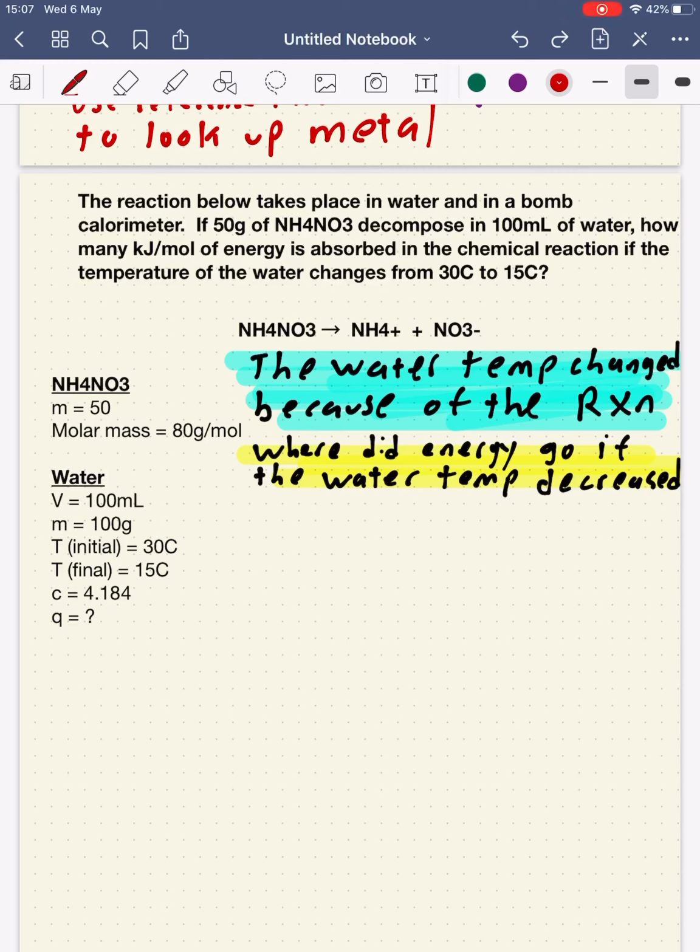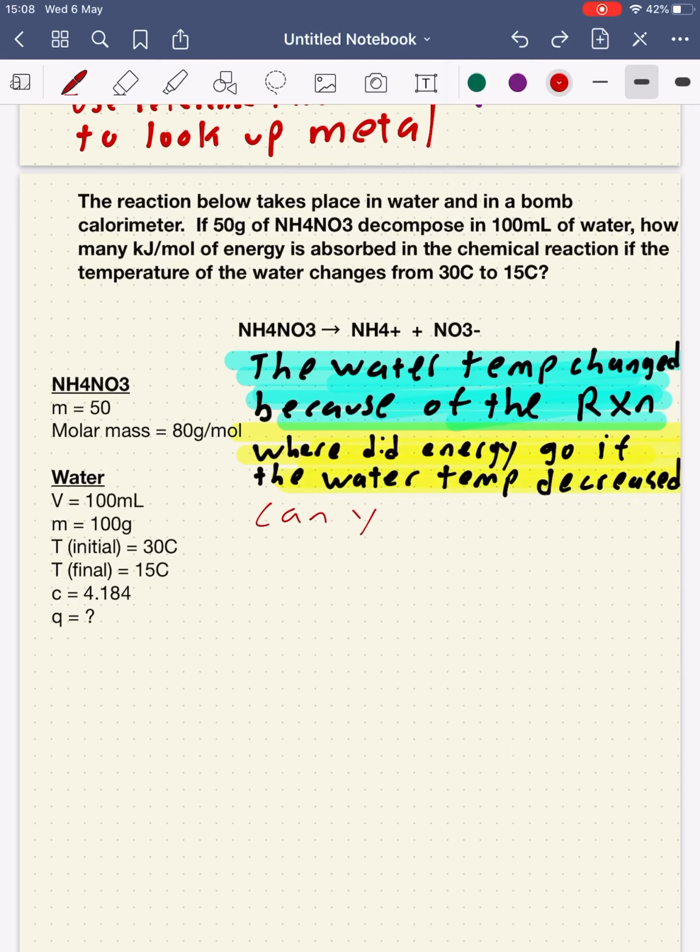As you start a question like this, it's important to think about where energy's going. Where is it starting? Where is it ending up? What do those numbers look like? Because there's positives and negatives in here. We want to make sure to have that straight. Okay? So it's an important thing to think about.